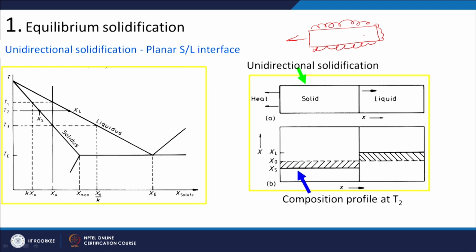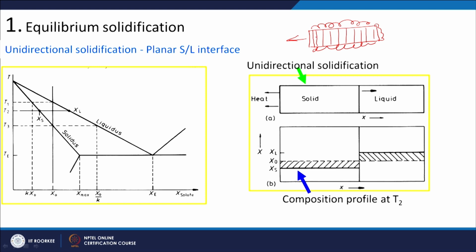Initially it is fully liquid. Because I am allowing heat to be taken out only from one end, the solid will start forming from this end, and there is a progressive increase in the solid content, and the whole liquid will transform to solid at some point.